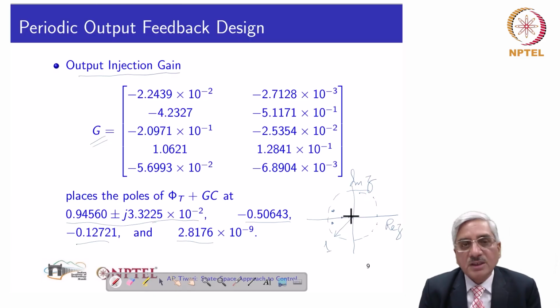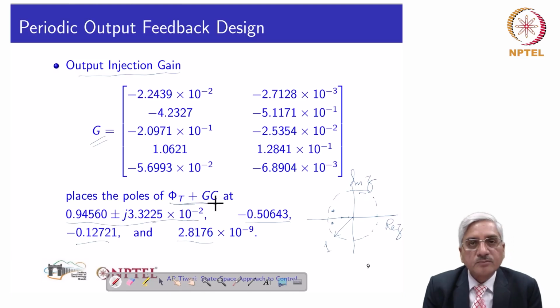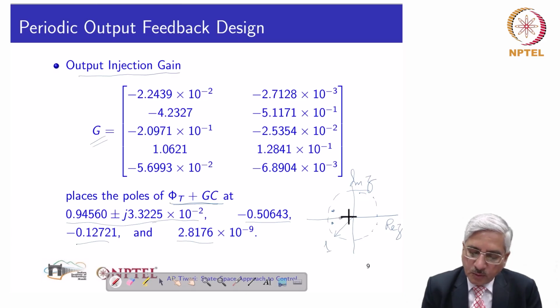With this G, the system phi t plus Gc is stable. I have not considered any specific criterion for the reactor control, only stability, so I have taken these pole locations.